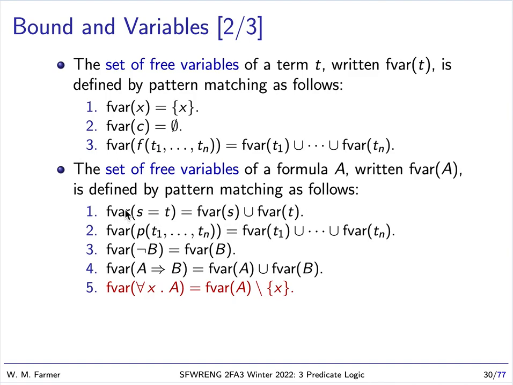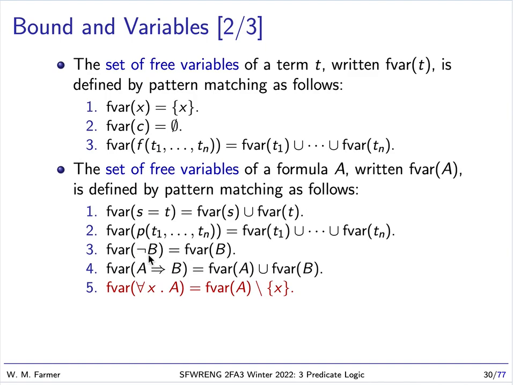Okay, so that's fvar applied to t. Now fvar applied to a formula. We're going to define this by pattern matching. There are 5 kinds of formulas, so we have 5 kinds of patterns. The free variables of an equality are going to be the free variables of the left-hand side union the free variables of the right-hand side. The free variables of a predicate application are going to be the free variables of all the arguments unioned together. This is very similar to the free variables of a function symbol application.